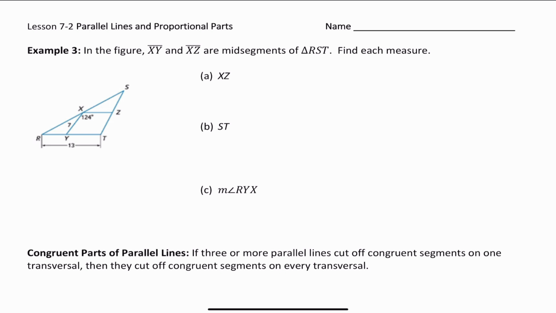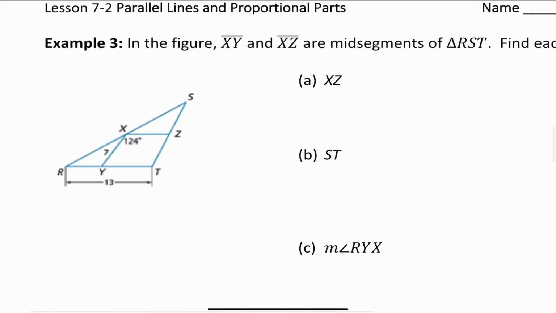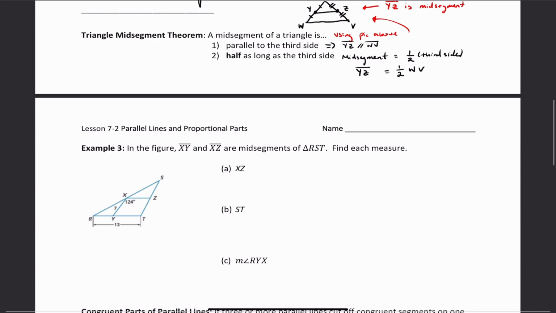Alrighty, on to the next page, example 3. In the figure, segment XY and segment XZ are mid-segments of triangle RST. Find each measure. Okay, so we know that XY is a mid-segment, and a mid-segment of a triangle is parallel to the third side.